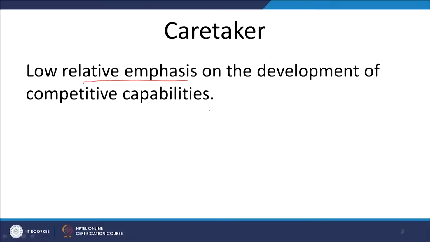So, caretakers are the type of organizations which develop under a protected environment. The caretaker type of generic strategy is suitable when you have some protection. Please be careful that this protection is not coming from your intellectual property.